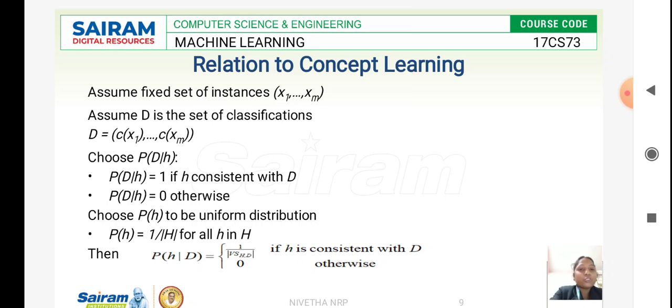The formula used is that the probability of H is 1 divided by the size of the hypothesis space, for all h in the hypothesis space. Here small h is the consistent hypothesis which occurs in the space.